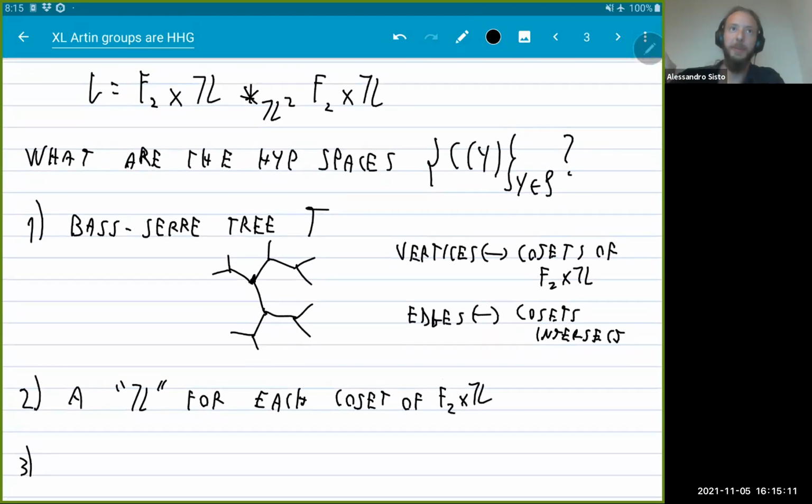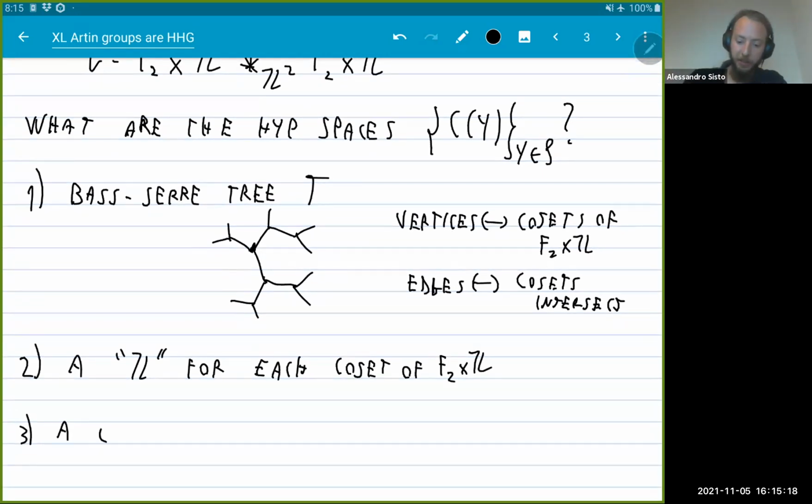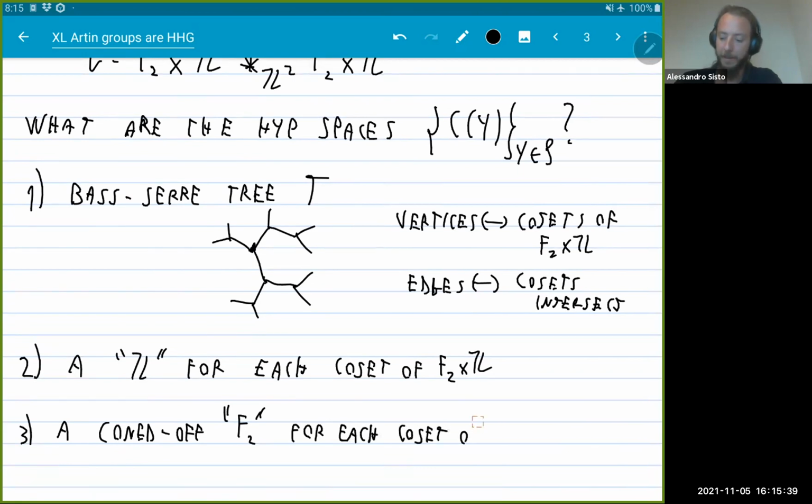And then maybe you're expecting an F2 also for each coset of F2 cross Z, but it's actually a cone-off of F2, where you cone off certain copies of Z, but you can forget about this. So don't worry too much about this if it's unclear.